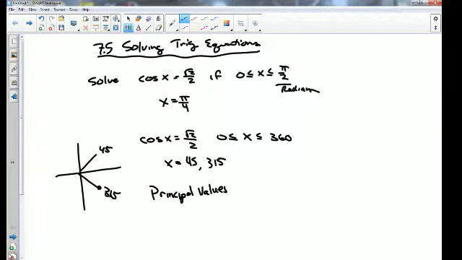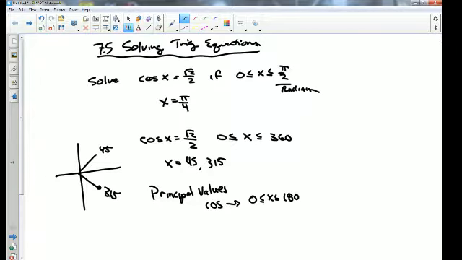So if you see the directions say solve for the principal values of x, for cosine, basically it gives you an interval from 0 to 180. If you see the phrase principal values, know this is your interval for cosine. Always.